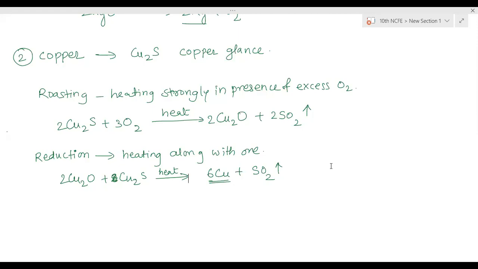Red hot iron wool: we have to take iron wool and heat it very strongly so that it turns red, and then steam has to be passed through it so that iron oxide is formed along with hydrogen gas. So that activity you have to explain. All the activities in the NCERT textbook, whatever they have mentioned, are very important.